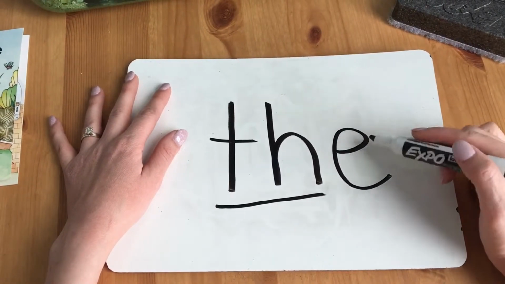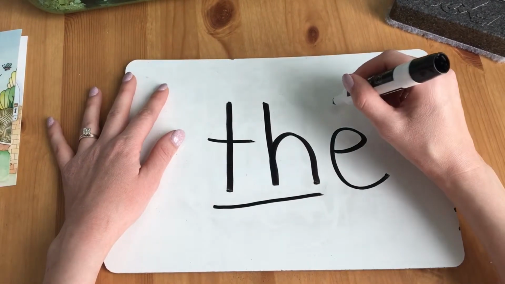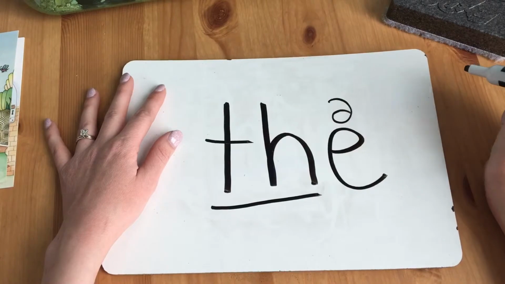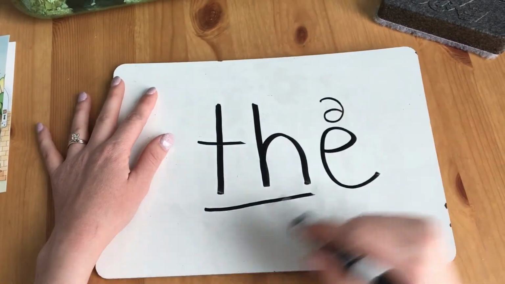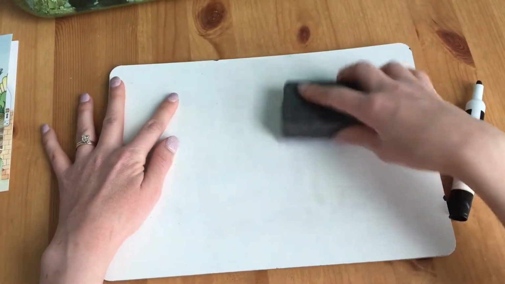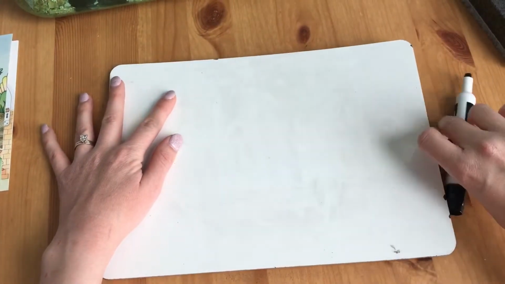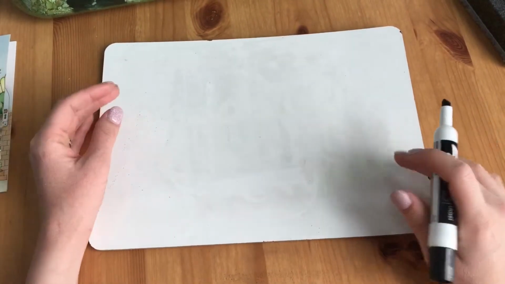All right, and then the E on the end makes the sound, it's a schwa sound. It's the schwa E. So we have the. So while you can decode this word, it's a little bit more difficult. So we want to make sure that you are using those skills and that knowledge you have of your sight words and really try and master that word.